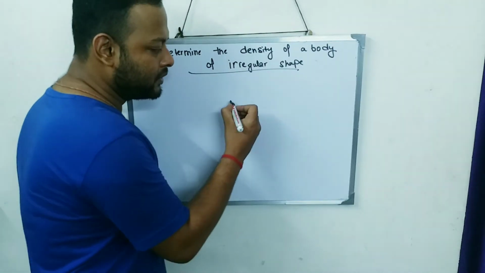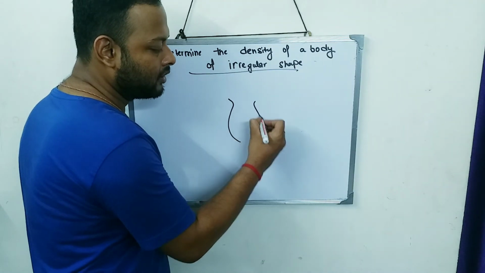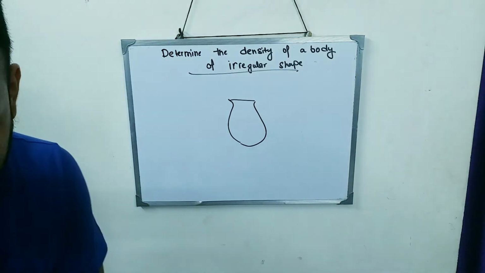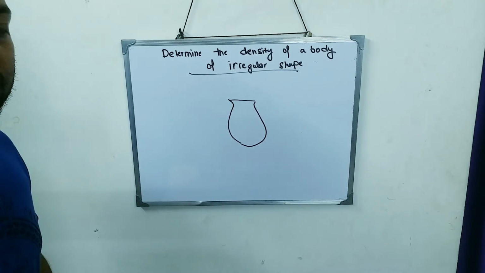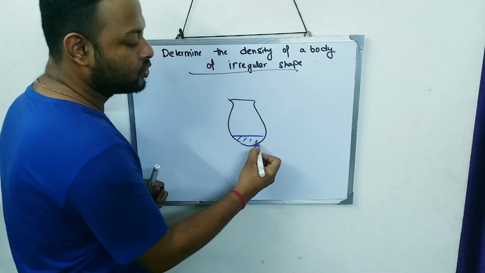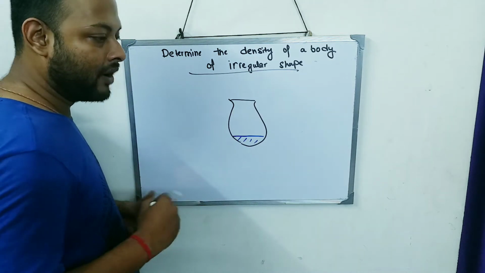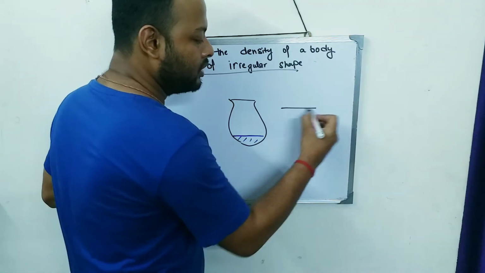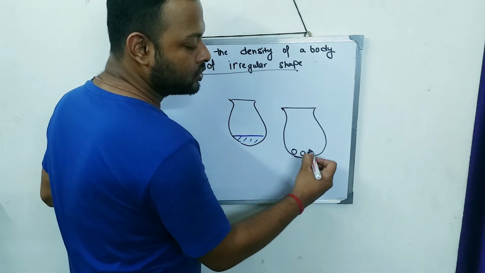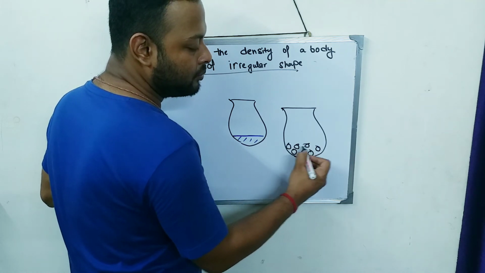So the concept is, this is the pot, and you have the water only till here. So what he did, he found some stones and he put the stones one by one into the pot.